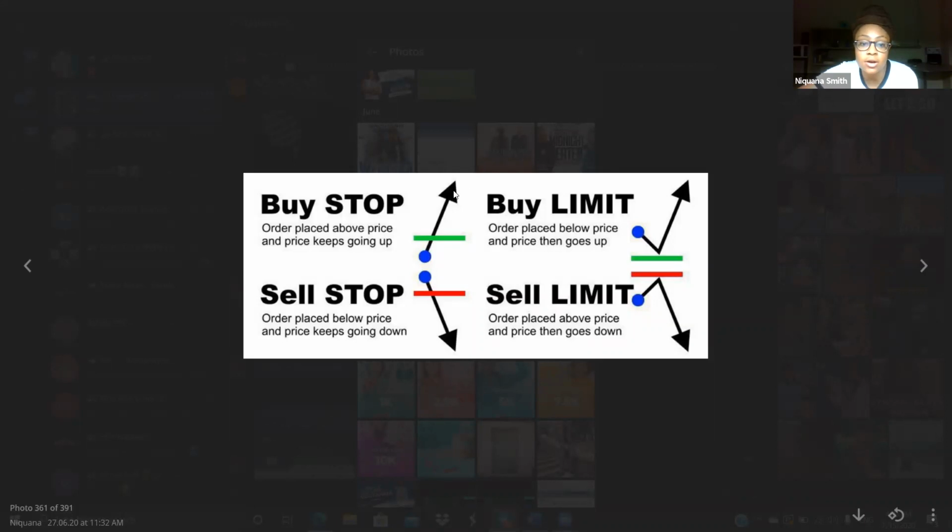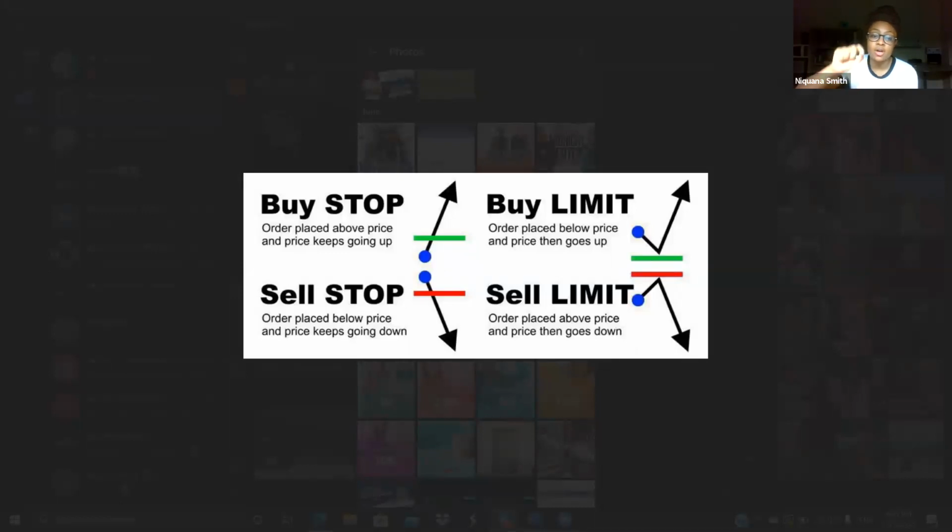And what this arrow represents is the market moving towards that price. Once it hits this entry point, your trade order activates and it places you in the trade, just as it would like market execution, except for market execution, you're manually getting in the very moment you hit sell or buy.